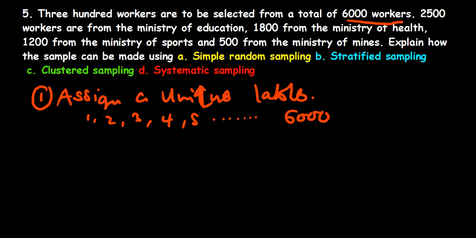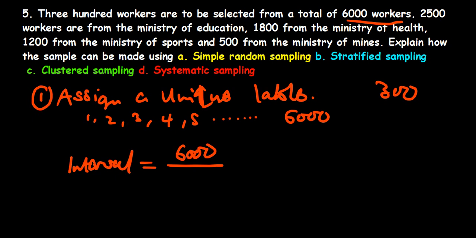Interval is equal to the total members in the population, in this case 6,000, divided by the total elements in the sample. We are selecting a sample of 300 workers here, so we divide by 300.